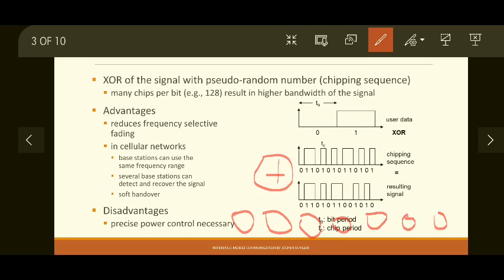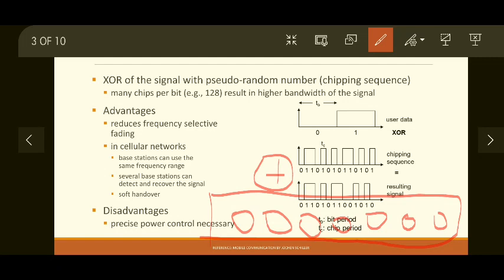Usually in practical cases, the received signal is not of the same shape as the transmitted signal, because in the medium it will suffer attenuation and its power levels will be smaller than the transmitted signal. So sometimes you may also get errors in the received signal. To avoid those errors, what are we going to do? We are going to integrate all these 7 bits which are generated after the XOR operation.